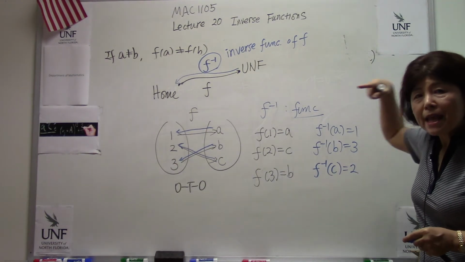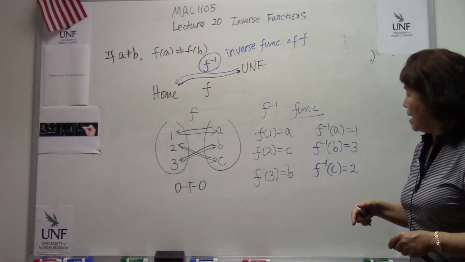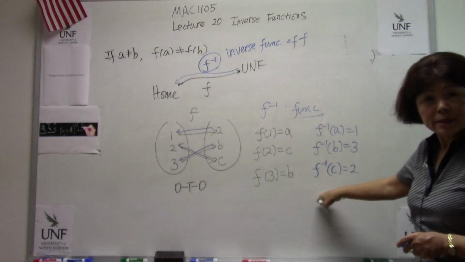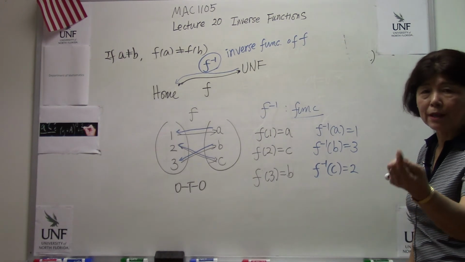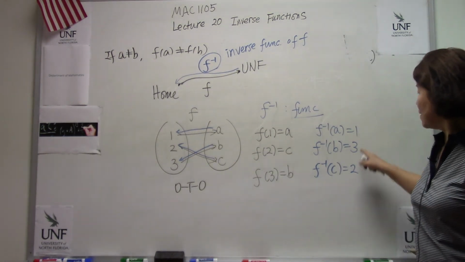See, I reverse the arrow direction, and by doing so, I create another function, and we call it inverse function of f, because that one came from function f. So this is a concept.